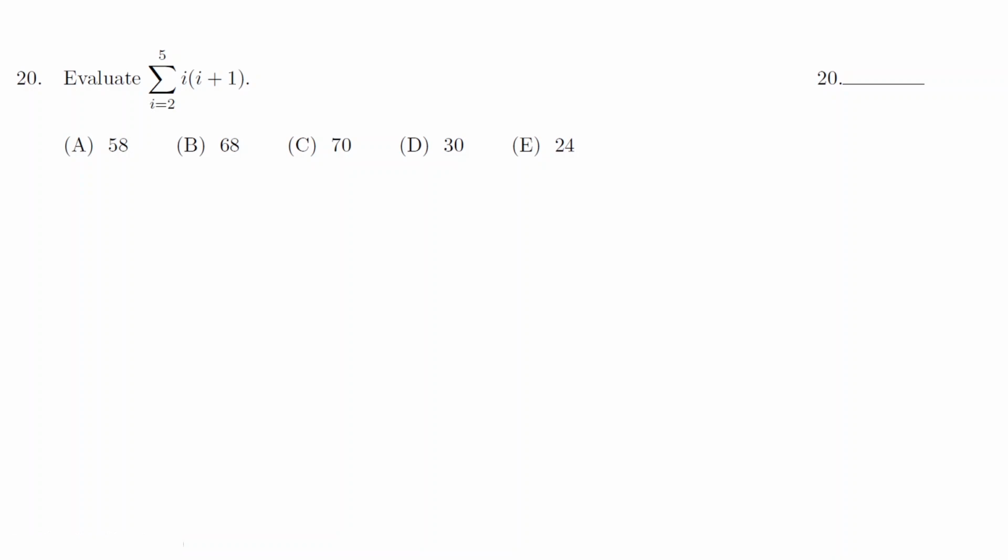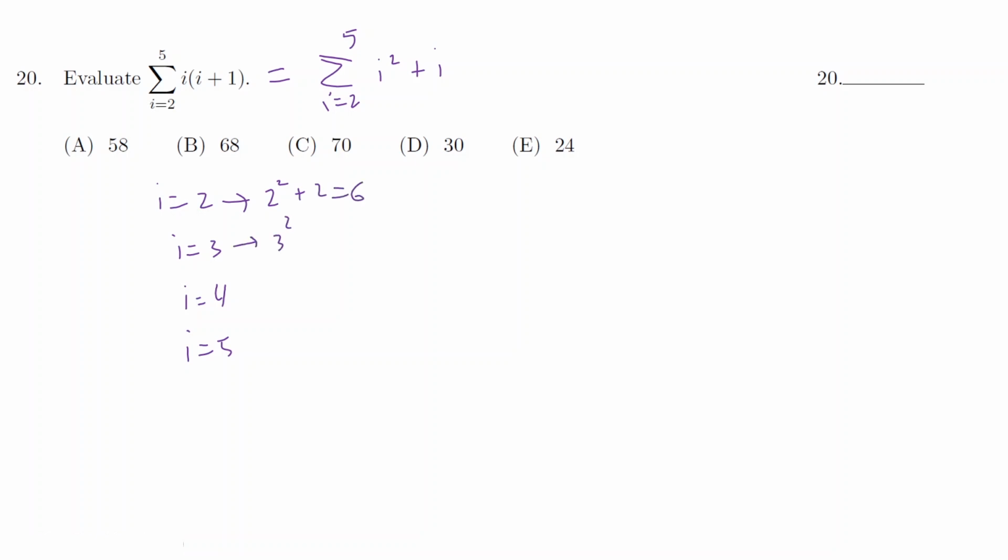This one is pretty simple as well. Let's just multiply this out. This is the sum, i from 2 to 5, of i squared plus i. We have to do this for i equals 2, 3, 4, and 5. So here we got 2 squared plus 2, that equals 6.